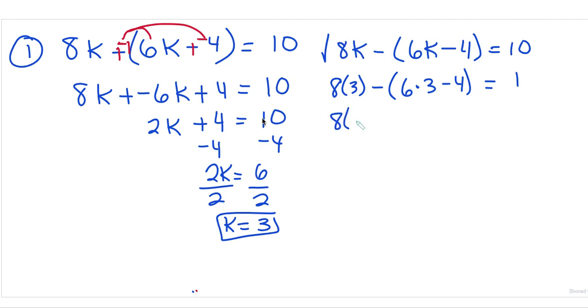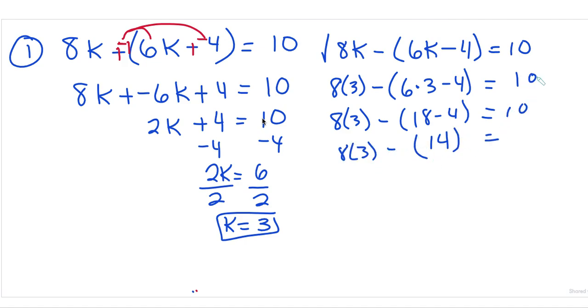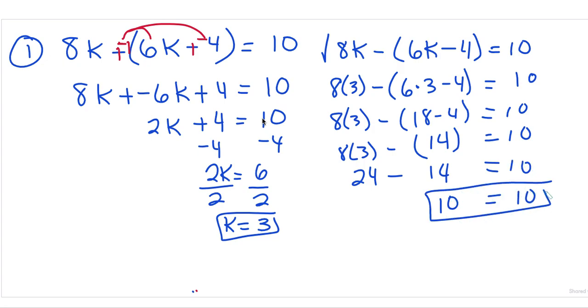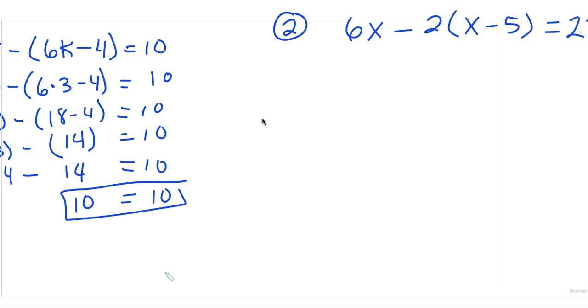So 8 times 3 minus 18 minus 4. 8 times 3 minus 14. And then we're going to have 24 minus 14 is 10 is equal to 10. So we know our check is correct and k is equal to 3.